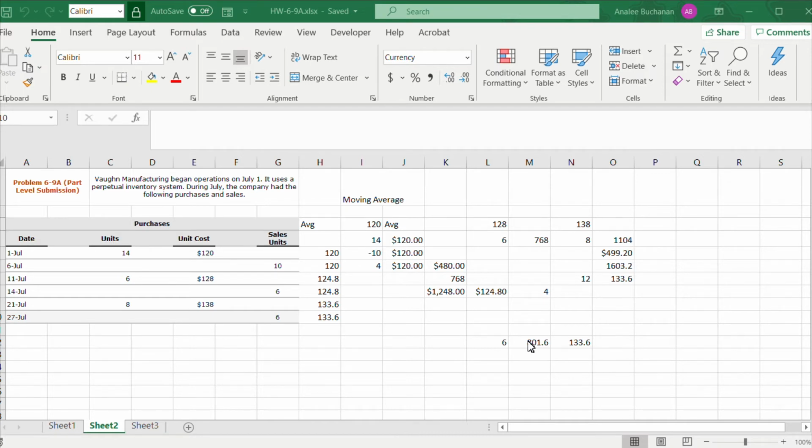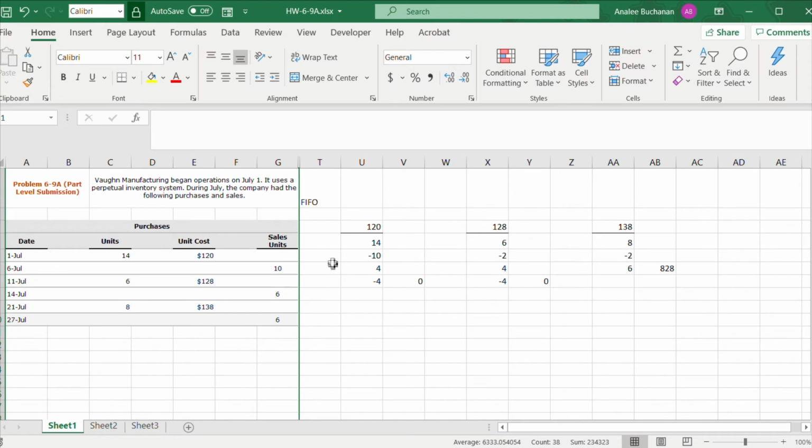So then we'll go to first in, first out. We start out with our 14 units at 120, and then we sell 10 units, so that leaves us 4 units at 120.